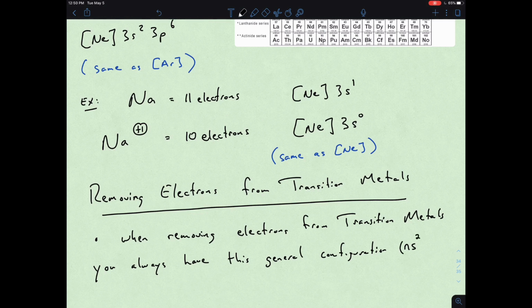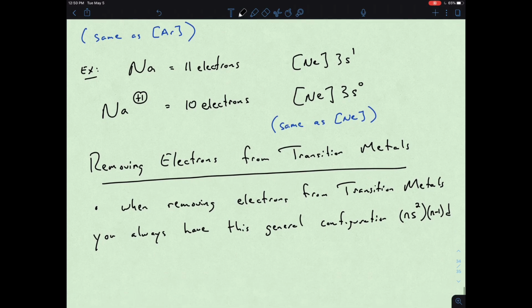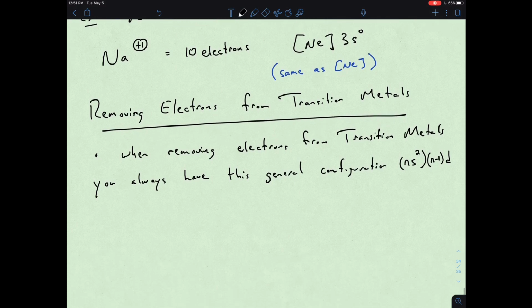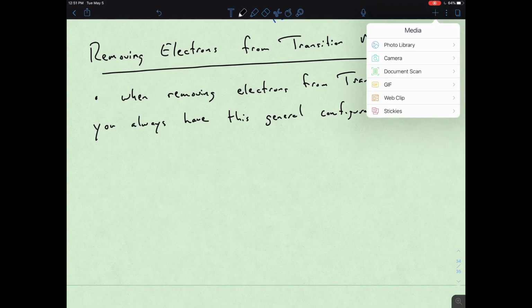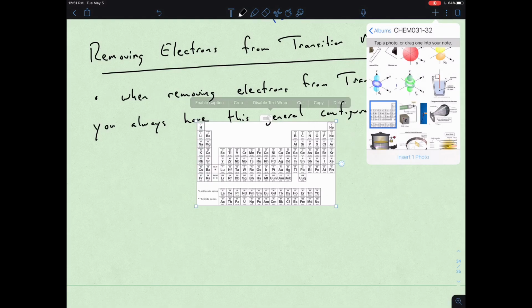And then you're going to have n minus 1 d. Sorry for that. That probably is a little bit confusing there. But that's the notion that you're always going to find a certain setup that's actually going to happen with these particular transition metals. And so let's focus in on that, and I can highlight that little bit there I put at the end.